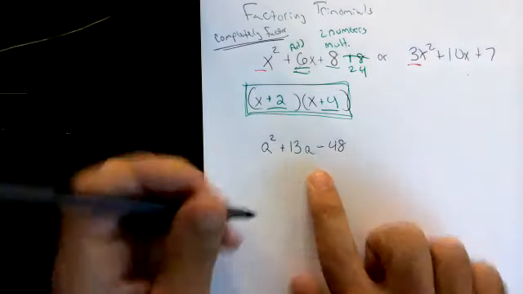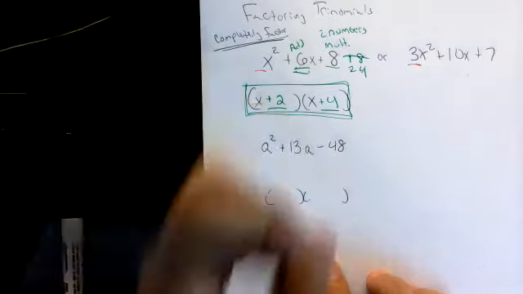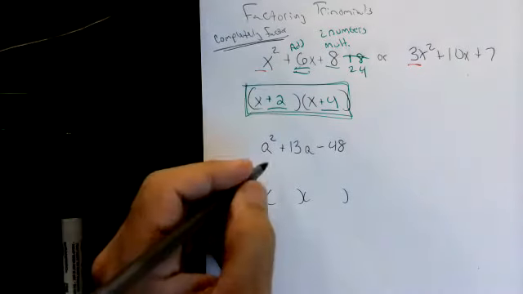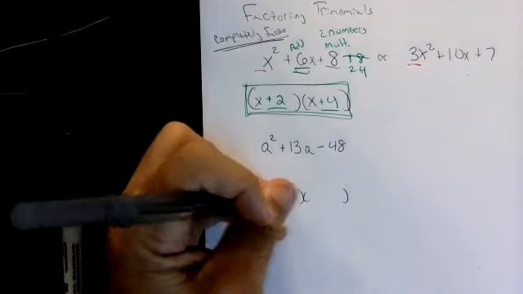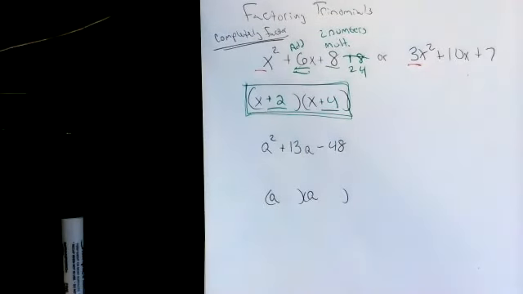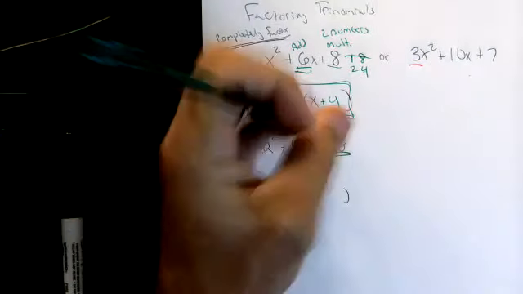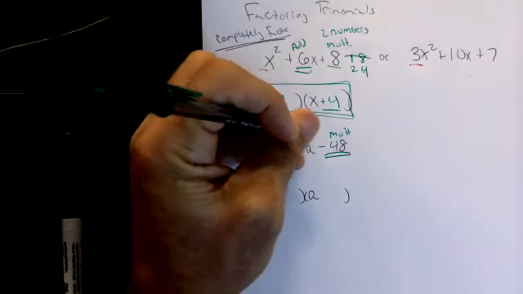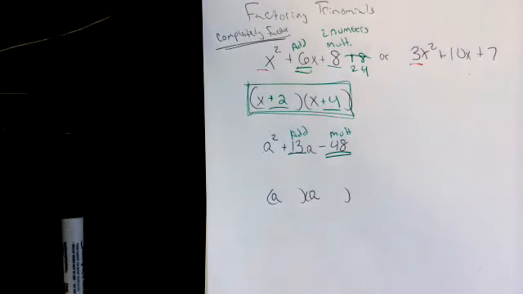So again, we're looking for what we can break this up into. And when there's no number in front of your squared variable, this is a fairly simple problem because the only thing I can multiply to get a squared is a and a. And then again, I'm looking for numbers that multiply to get -48 that will also add to get 13.